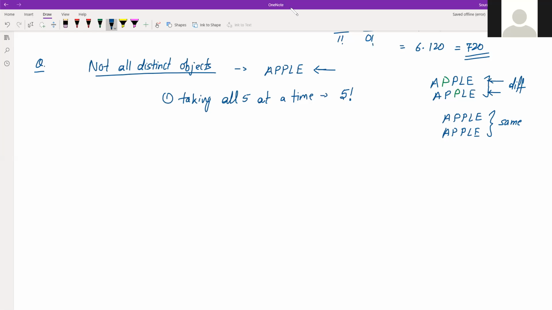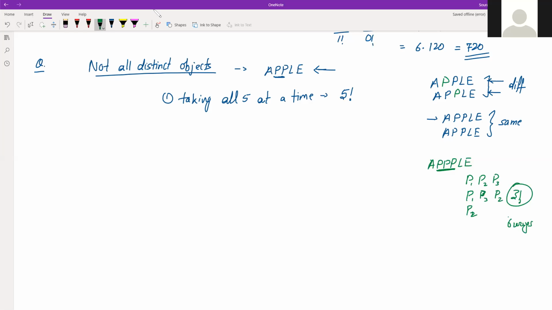So due to these two P's, every such arrangement must have been counted twice. And if it is 3 P's, suppose p1, p2 and p3, they can arrange in how many ways? 3 factorial ways, that is 6 ways.